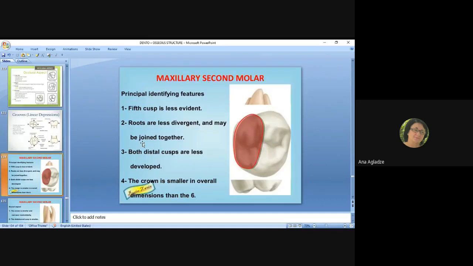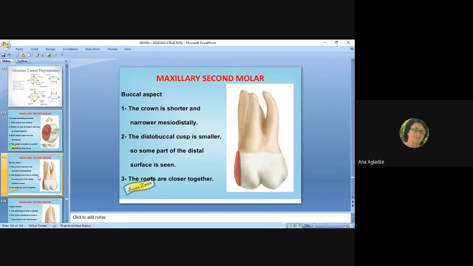This is the maxillary second molar. Its principal identifying features: the fifth cusp is less evident, the roots are less divergent and may be joined together, both distal cusps are less developed, and the crown is smaller in overall dimension than the first molar.